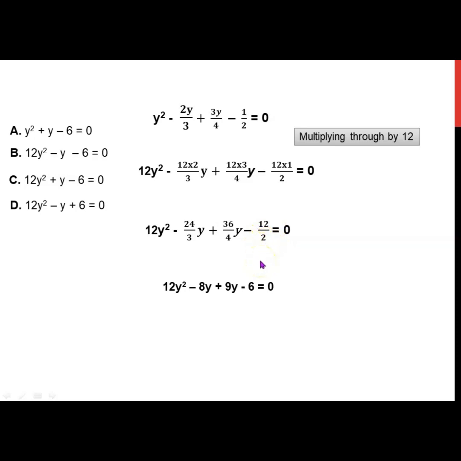Now minus 8 plus 9 gives you 1, so we have the 1 here. So it should be equal to 12y squared plus y minus 6 equals 0.